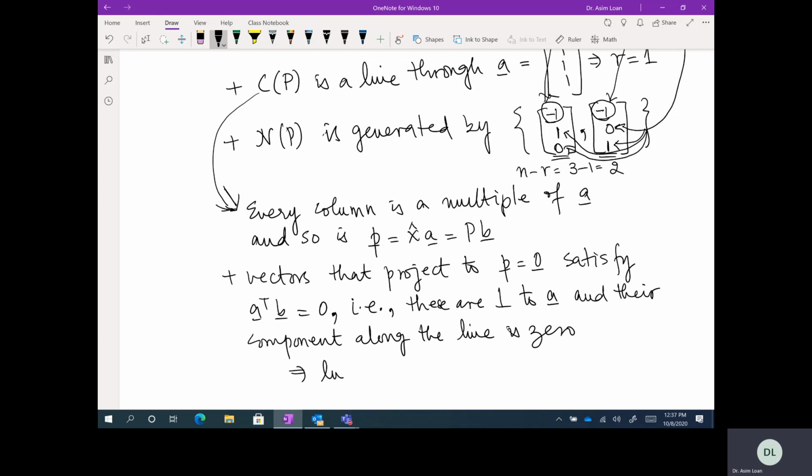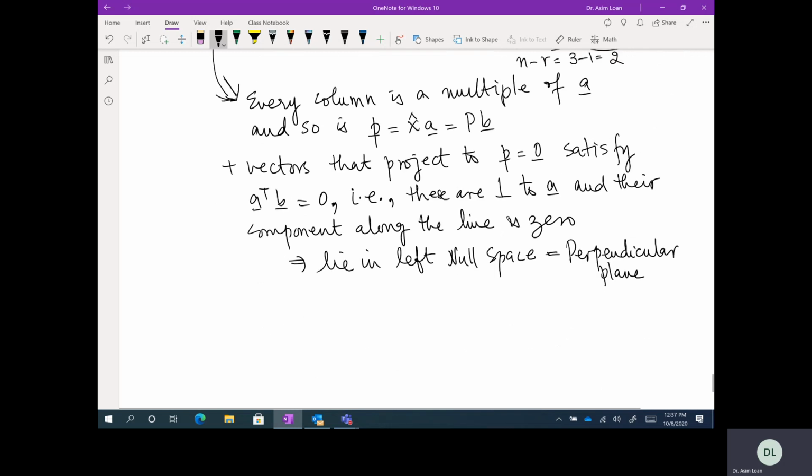This implies they lie in the left null space, or this implies the perpendicular plane. Why? Because we know these two subspaces in Rm are orthogonal. So this is an example that the left null space is orthogonal to column space, and since P is symmetric, the column and the row spaces are the same.